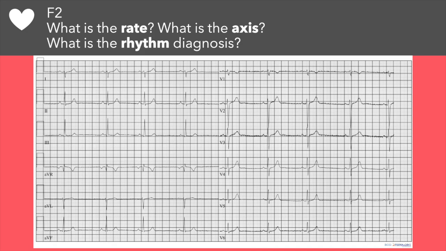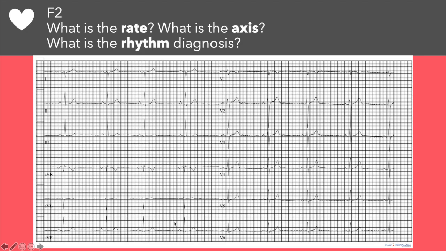So how I got the rate is I got 300 divided by 6 equals 50, or counting the number of QRSs, 1, 2, 3, 4, 5, 6, 7, 8, 9. 9 times 6 is 54. Right axis deviation is because in lead 1, the QRS is pointing downwards. So the vector would point left in the axis diagram.